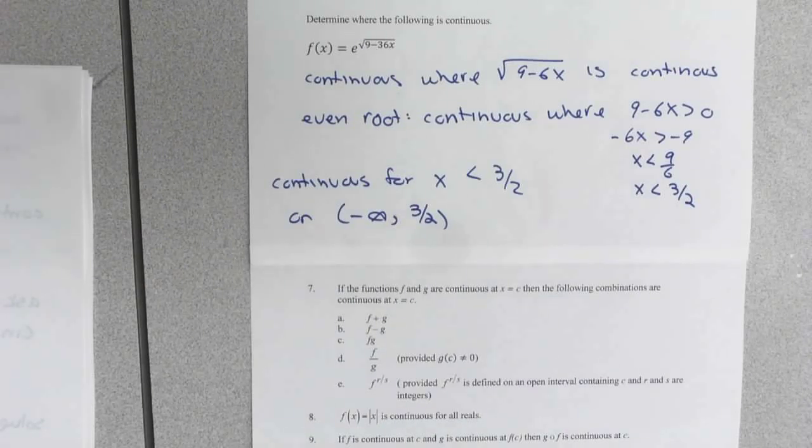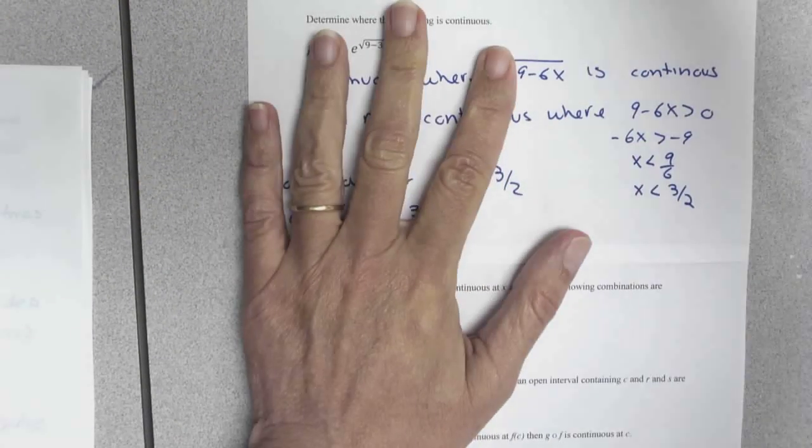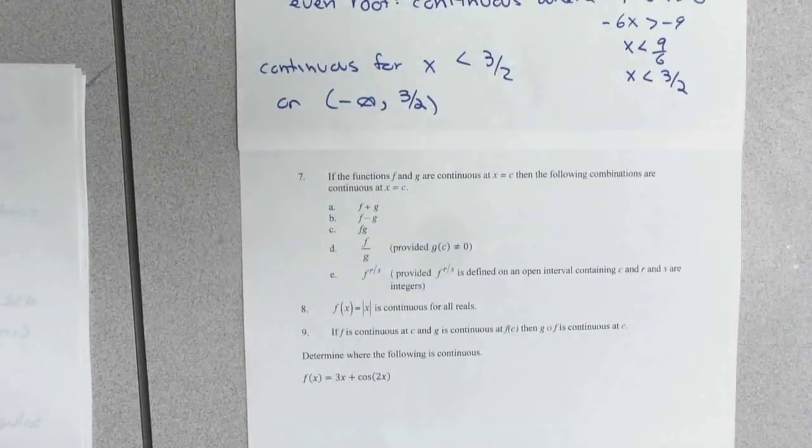Rule 8, we'll just accept this as a fact: the absolute value function is continuous for all reals. Rule 9: if f is continuous at c and g is continuous at f of c, then g of f is continuous at c. And so this is just saying that continuity is preserved through composition.